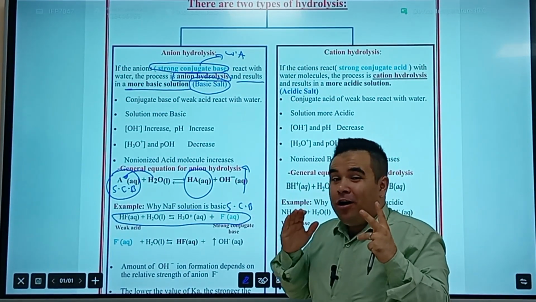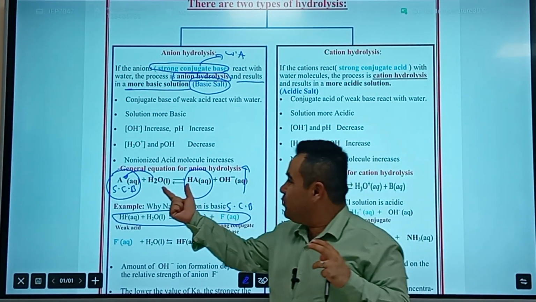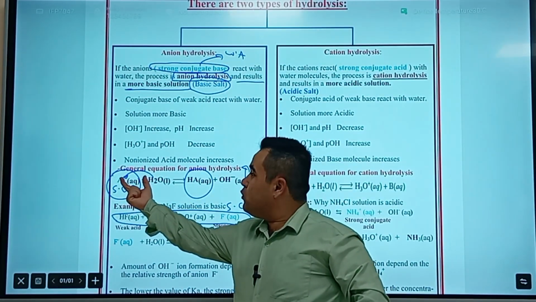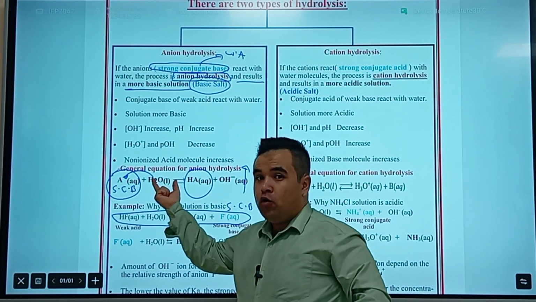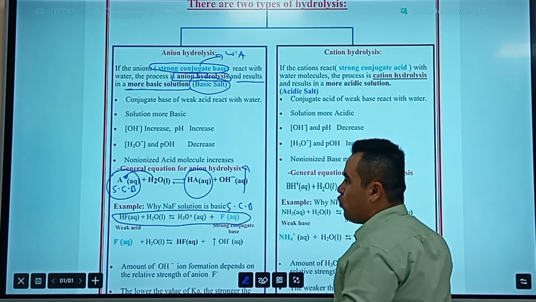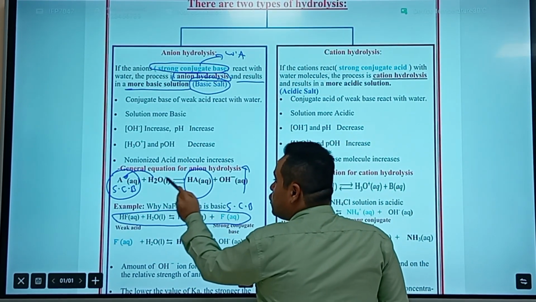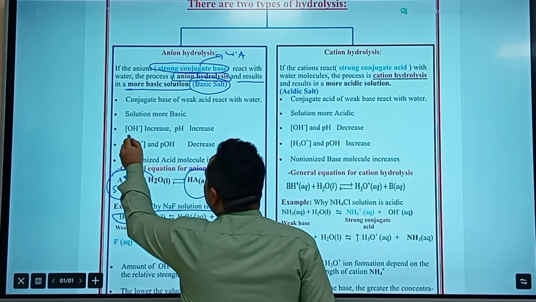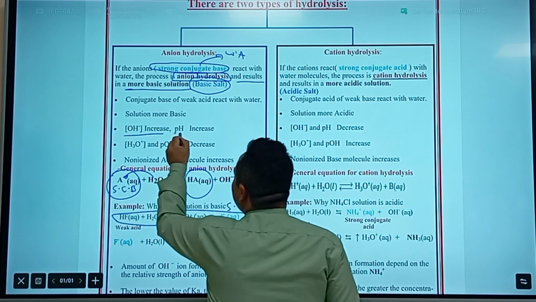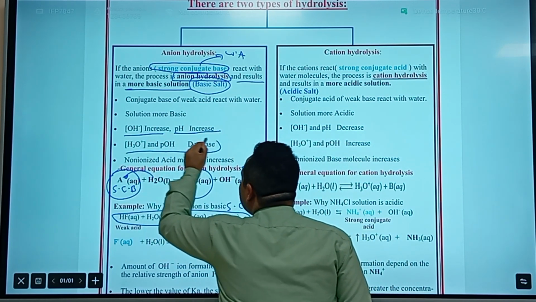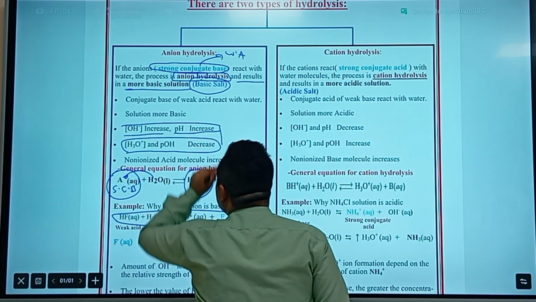So in general, anion hydrolysis. Why anion hydrolysis? Because the anion reacts with H2O. The anion comes from a weak acid, which is a strong conjugate base, reacts with H2O, increases what? Hydroxide. So what will happen to the hydroxide concentration? Increase. And pH as well increases. Hydronium and pOH decrease.